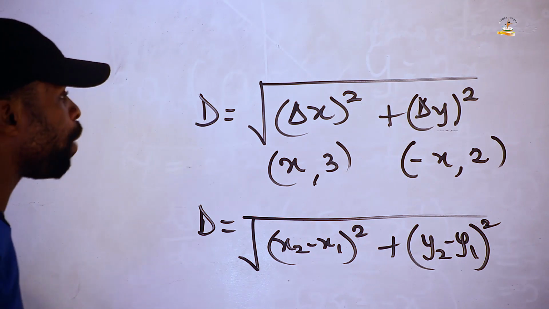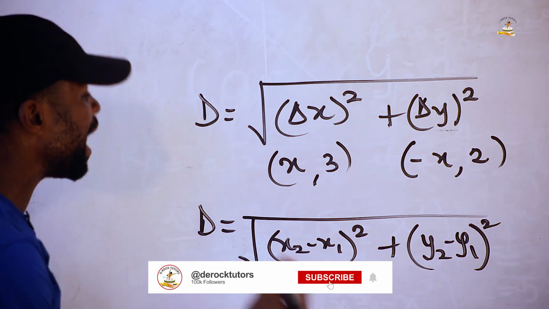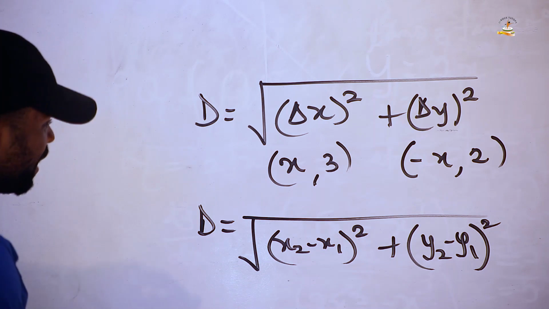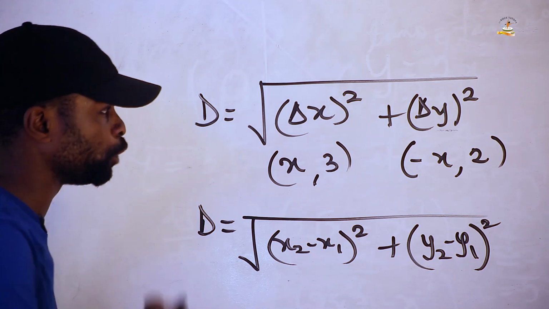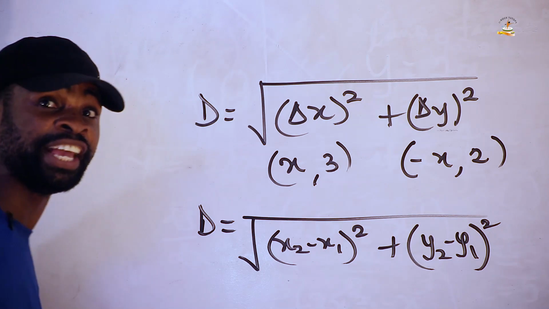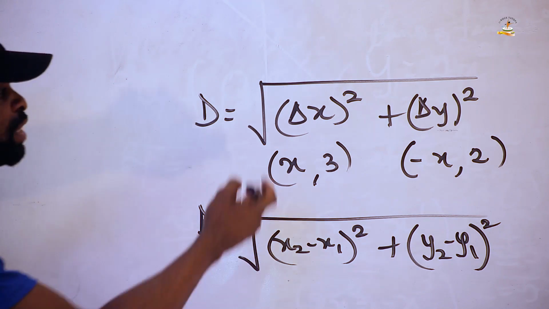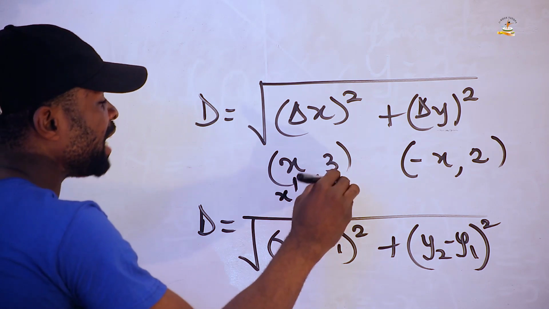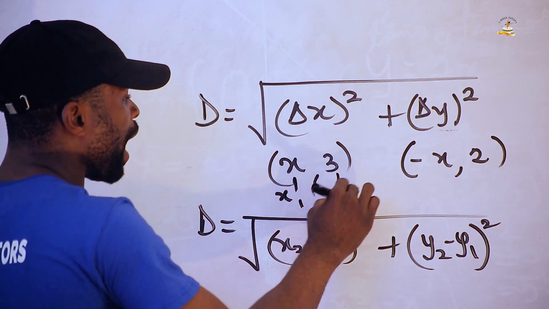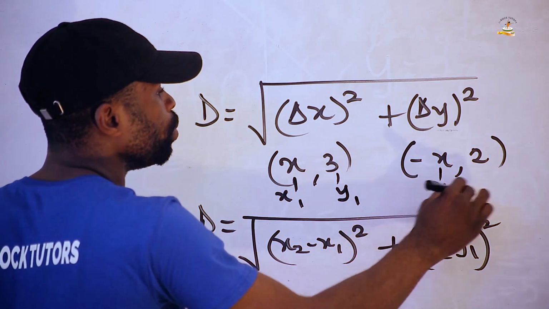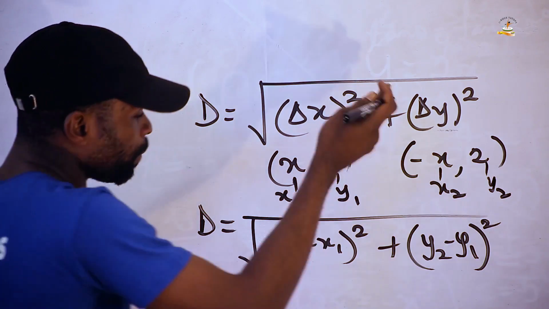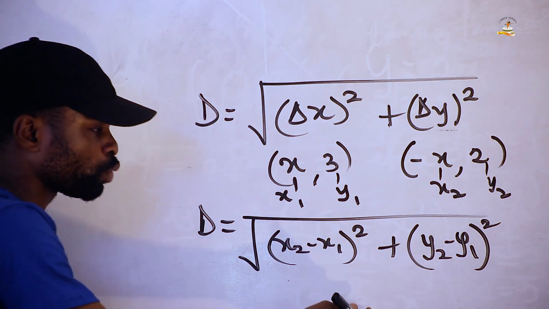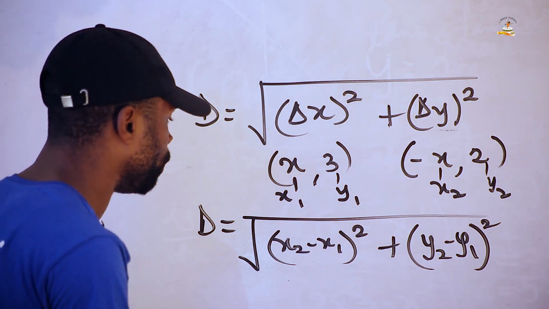From here, our x2 is minus x, and our x1 is x. Our y2 is 2, and our y1 is 3. We substitute respectively by this assignment: x1, y1, x2, y2, so we substitute the respective values.